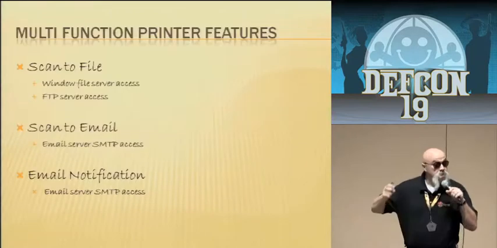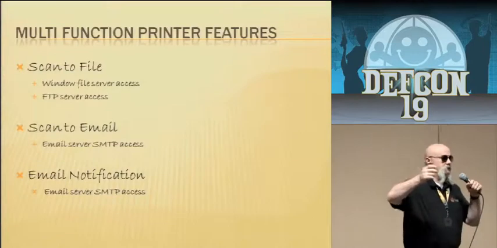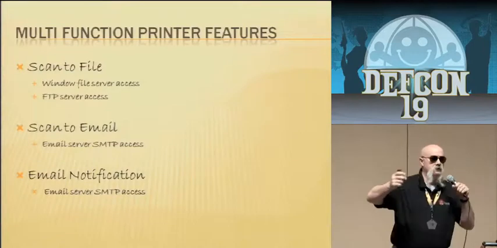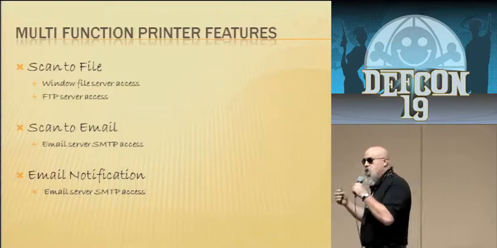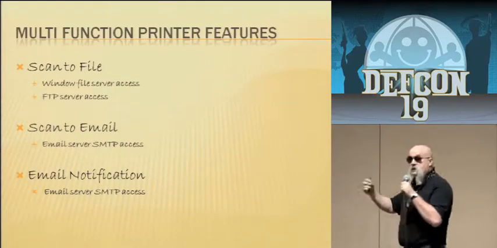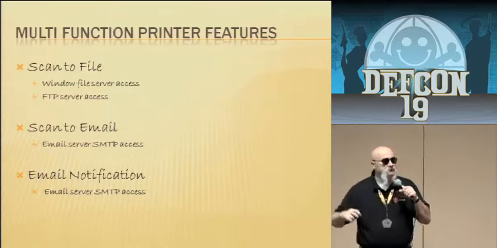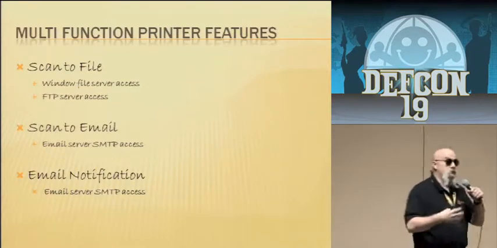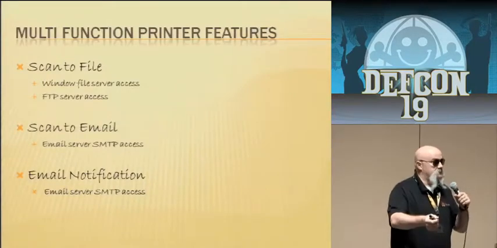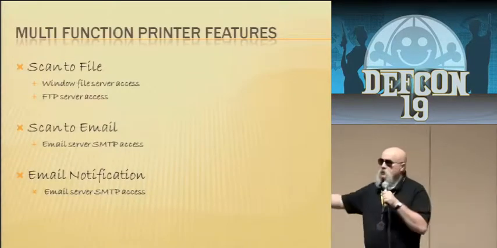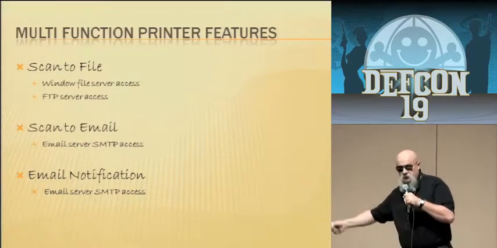Okay. I don't know how many people have actually logged onto the web interface on a multifunction printer, but that's generally what we're going to be talking about today. There's a wealth of features and functions that information can be pulled out of. An example here is scan to file functionality, the ability to walk up to that multifunction printer and scan something and actually have it stored on a Microsoft file server or on an FTP server.